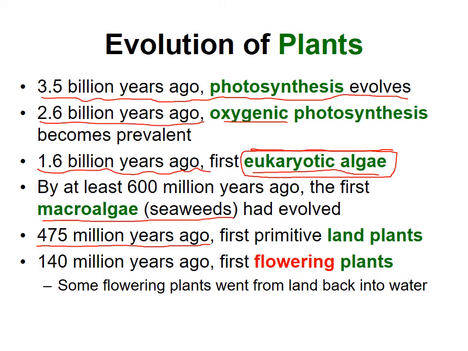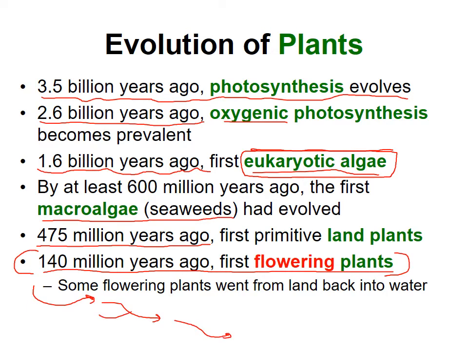One of the big innovations that happened on land was the evolution of flowers, which enabled a new way of plant reproduction, and plants really diversified when the first flowering plants evolved. And it wasn't too long after the first flowering plants evolved that some flowering plants adapted to live in the water, and some of those adapted to actually live in salt water and became the seagrasses.